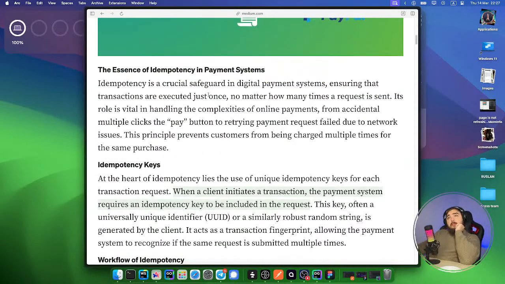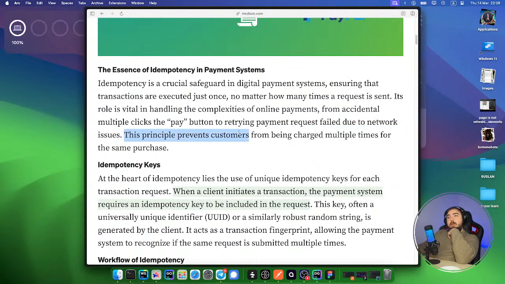"The essence of idempotency in payment systems. Idempotency is a crucial safeguard in digital payment systems, ensuring that transactions are executed just once, no matter how many times a request is sent. Its role is vital in handling the complexities of online payments, from accidental multiple clicks on the pay button to retried payment requests that failed due to network issues.